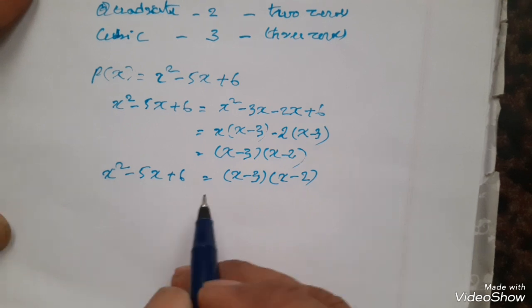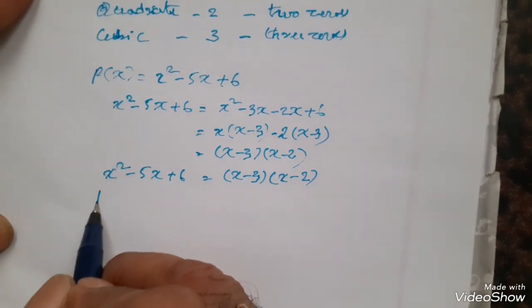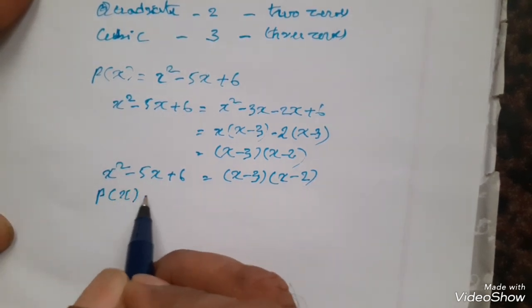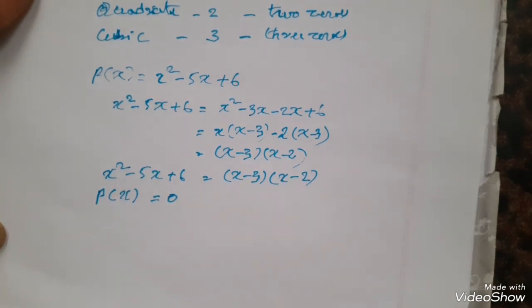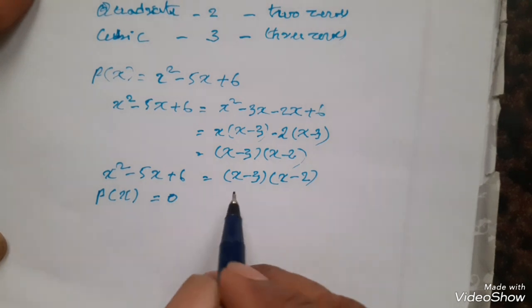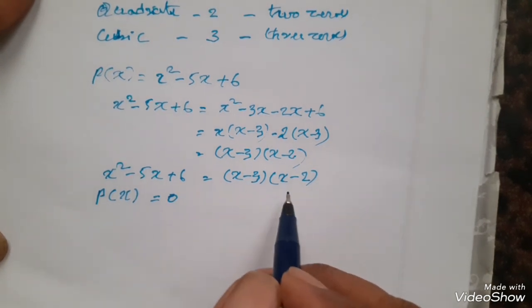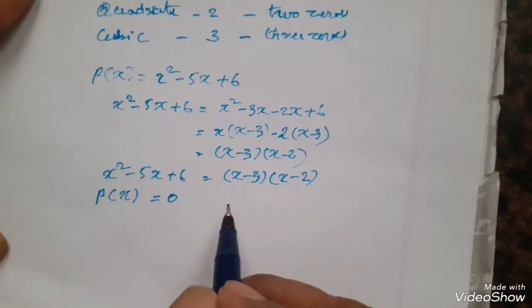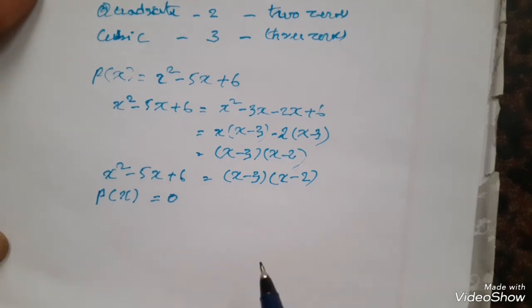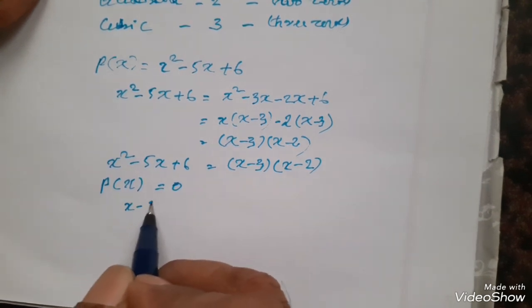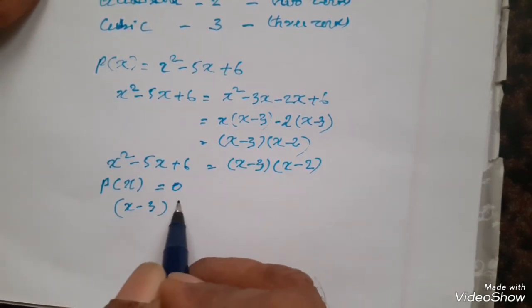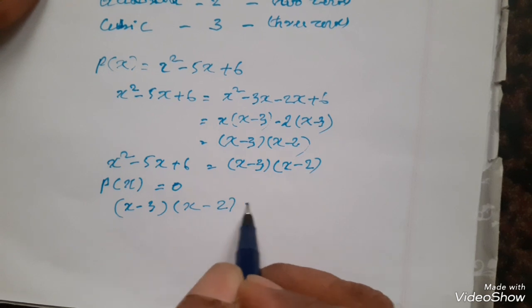So when p of x is 0, then for what values of x the polynomial becomes 0, those values are called zeros of the polynomial. When p of x equal to 0, you can write x minus 3 into x minus 2 equal to 0.